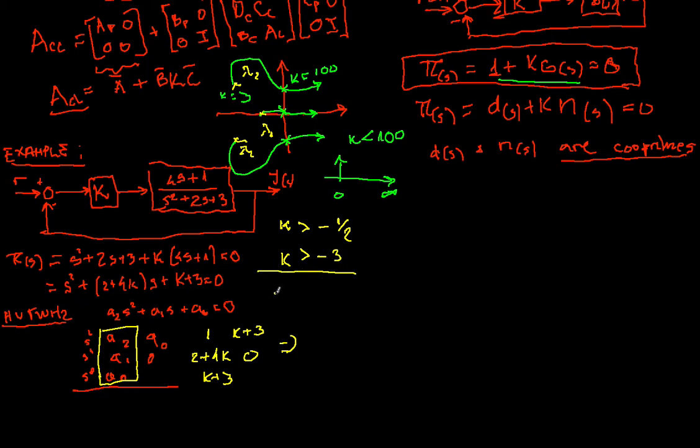Therefore, the gain that will successfully stabilize the system goes from -1 by half to infinity. Okay, any k that we pick up in this range will provide the closed loop system stability in this case.